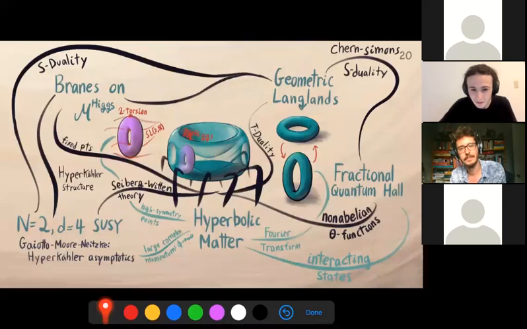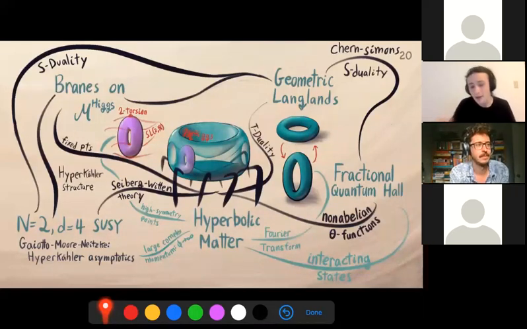And there are all of these different paths you can take, all of these different relationships. It would just be so cool if they were somehow all the same. It doesn't matter what path you take from hyperbolic matter. I can send it off into the wide world of mathematics through the web of Higgs bundles in any way I like, and no matter how it comes back, if it was somehow equivalent, that'd be cool.